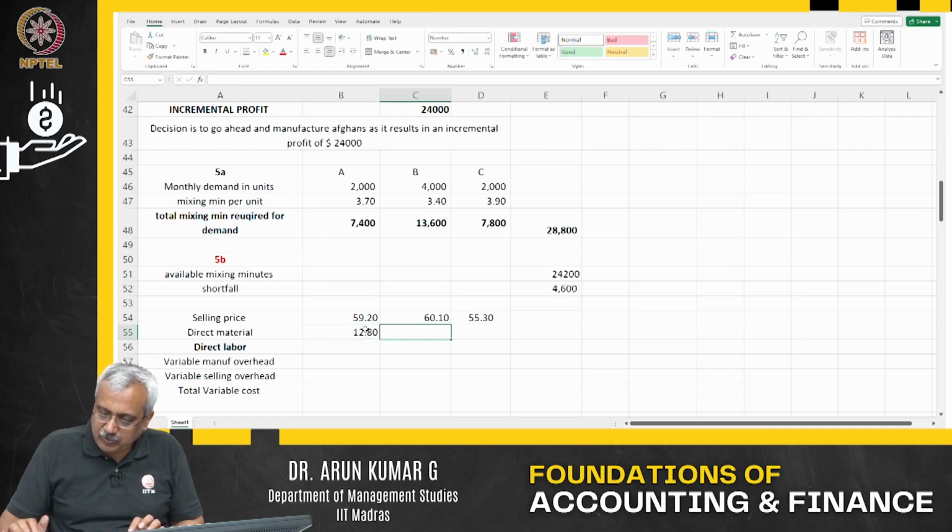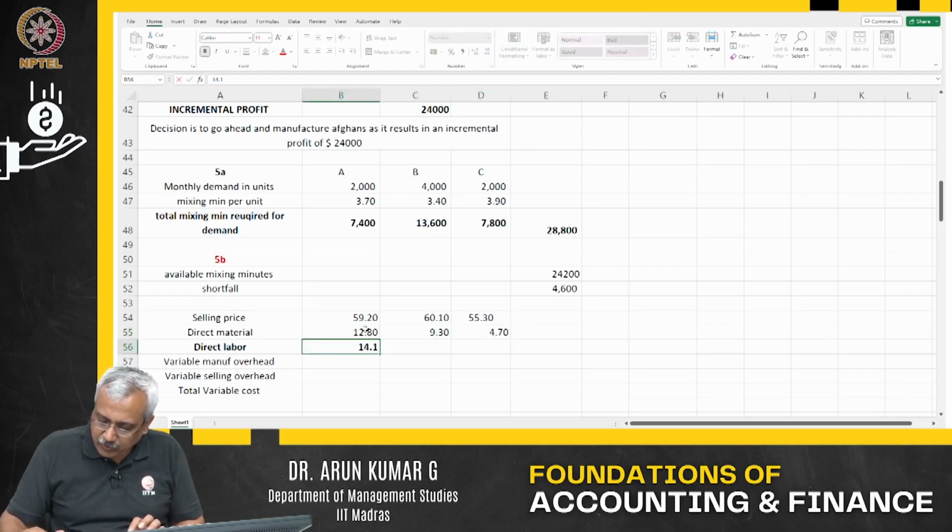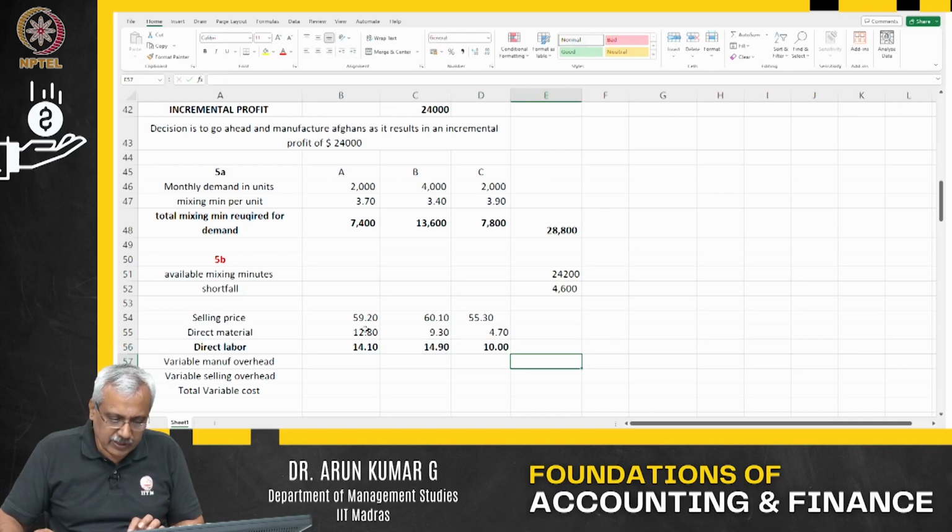Material is 12.80, 9.30 and then 4.70, and my labor is 14.1, 14.9 and then $10.